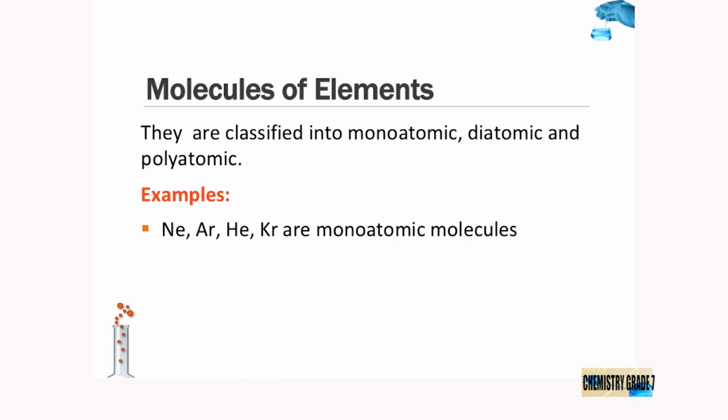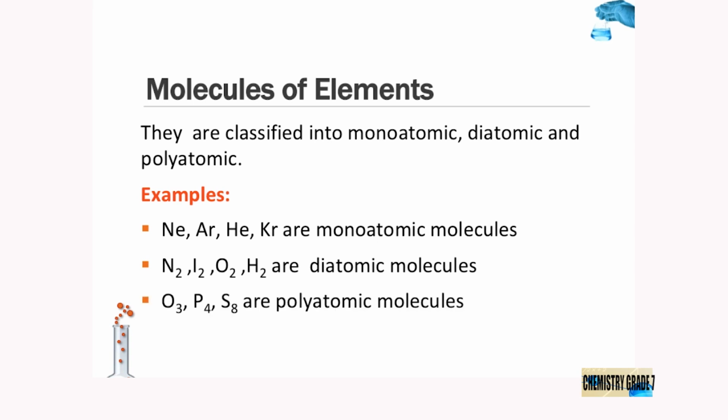The noble gases are able to make monoatomic molecules. Nitrogen, iodine, oxygen, and hydrogen are diatomic molecules. Ozone, phosphorus, and sulfur are polyatomic molecules. That is because they are made up of more than 2 atoms of the same element.